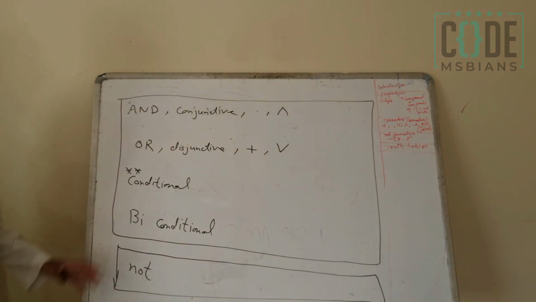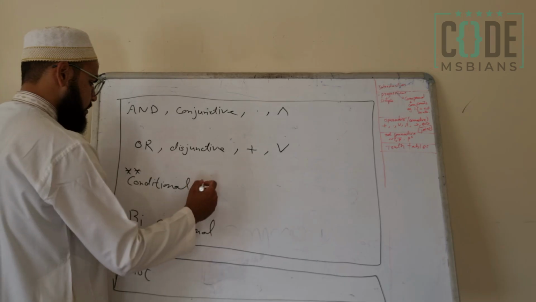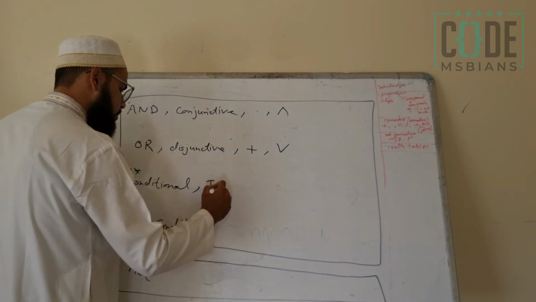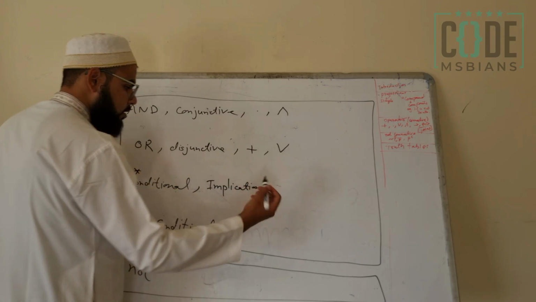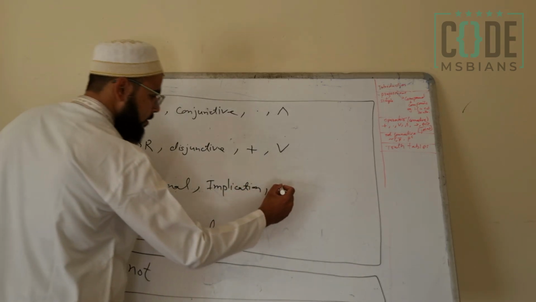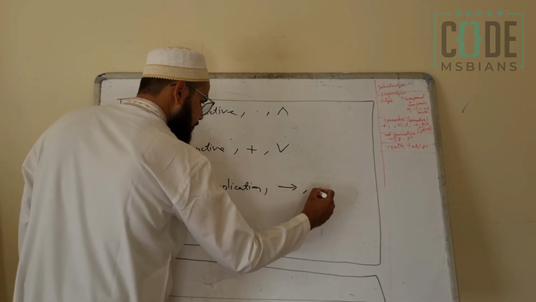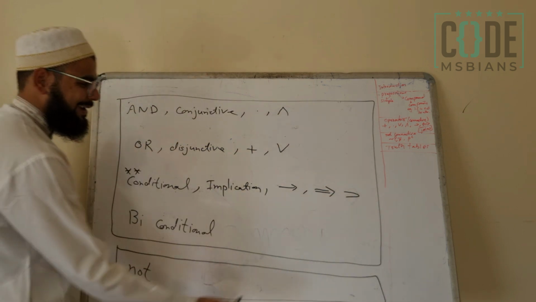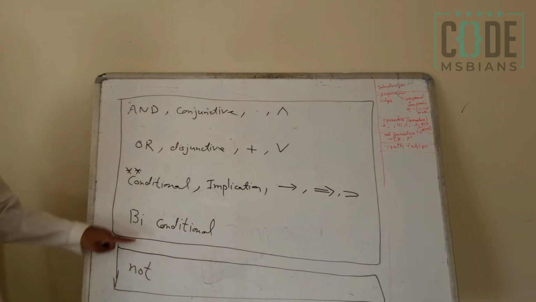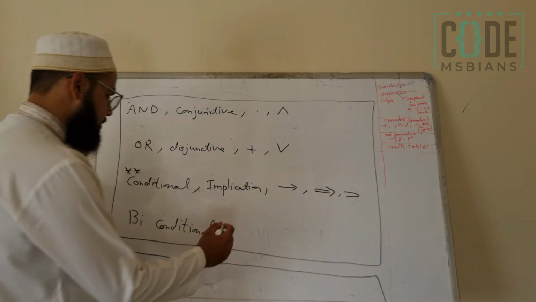Now conditional, also called implication. The signs used in the textbook are this one and this one. This is also there, kind of a magnet. I don't know. Now one is biconditional, so it has this sign.